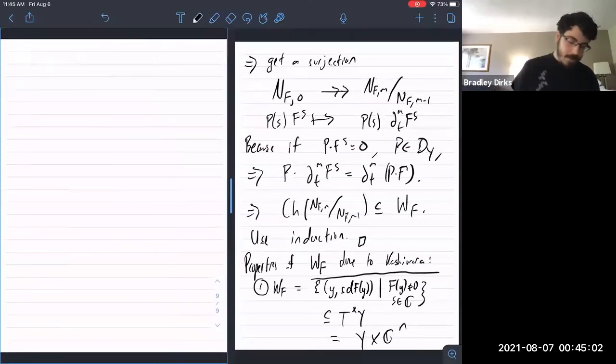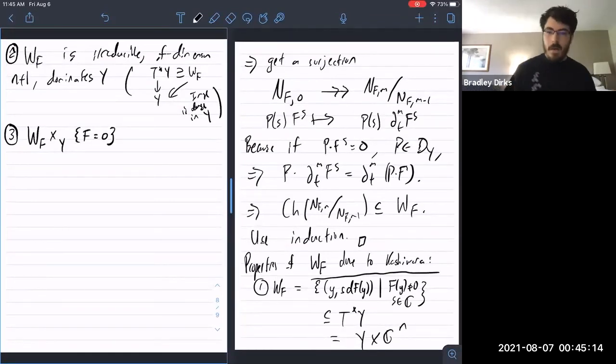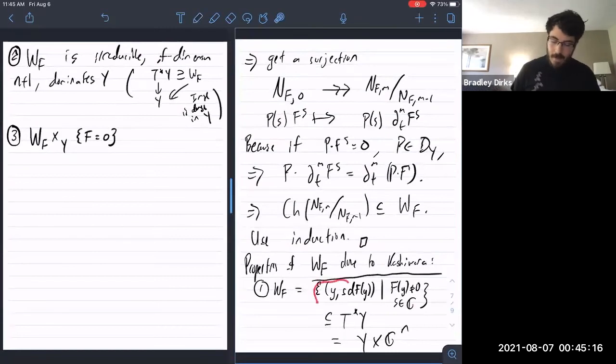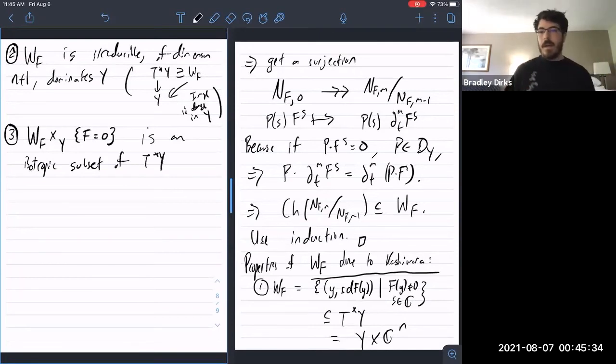And finally, this is actually the most important property. If we look at this projection down to y, and at the points that lie over the 0 locus, so they're not given by this description, they somehow arise from the closure operation here. This is an isotropic subset of this T star Y with its canonical symplectic structure.